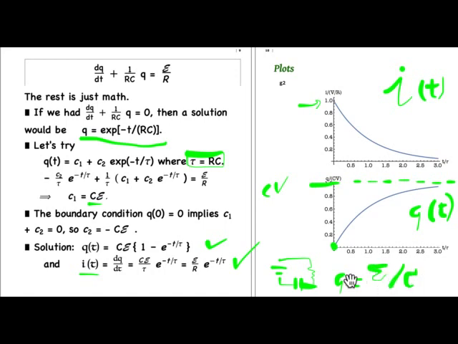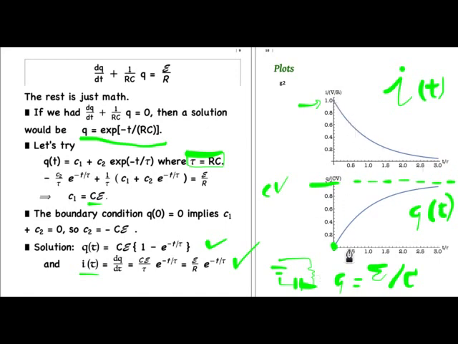In other words, the capacitor is completely charged, and there's no current left because the battery is driving a current this way, but the capacitor is driving a current in the opposite direction. Those two currents cancel, so there's no current across the resistor.